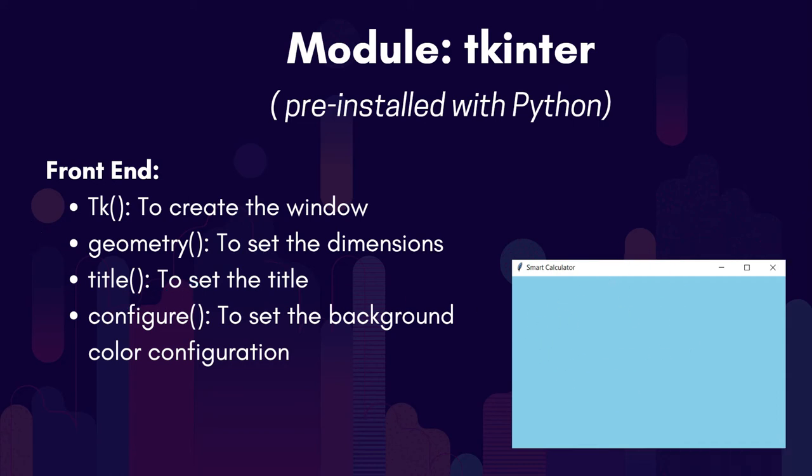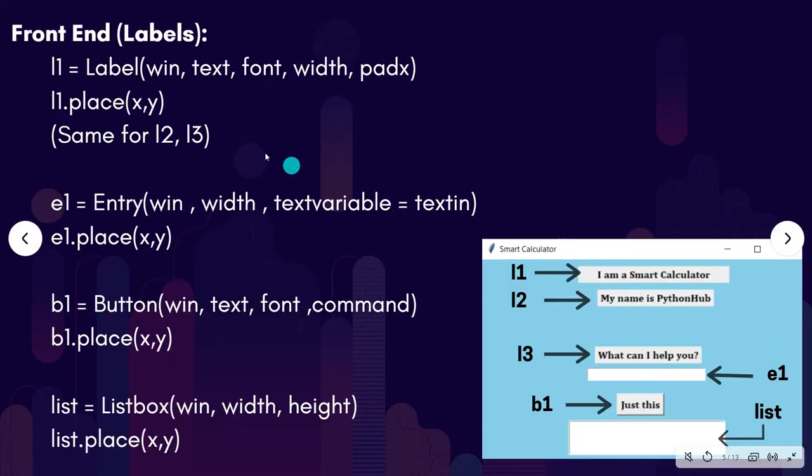Then we will move on to the labels. So first of all, here we have the first label. I'm a smart calculator. So we will create this using these two lines. L1 equals Label. We are going to use the Label method of the tkinter module.